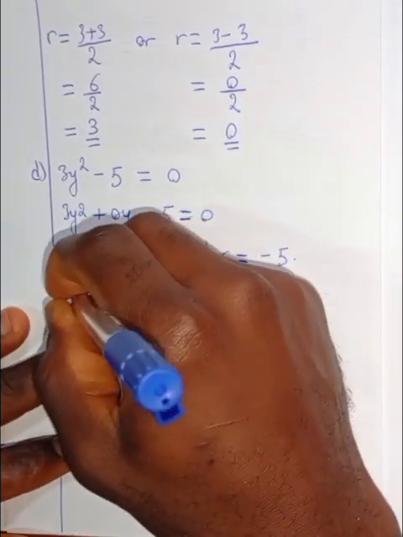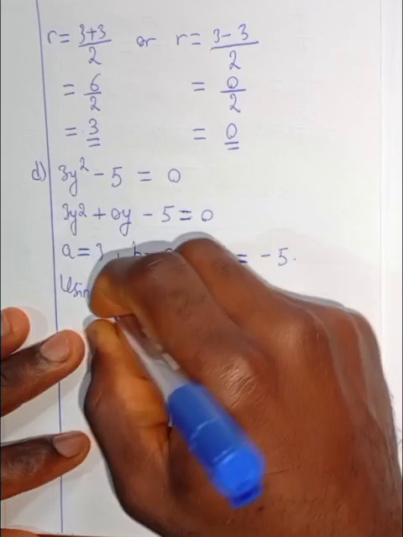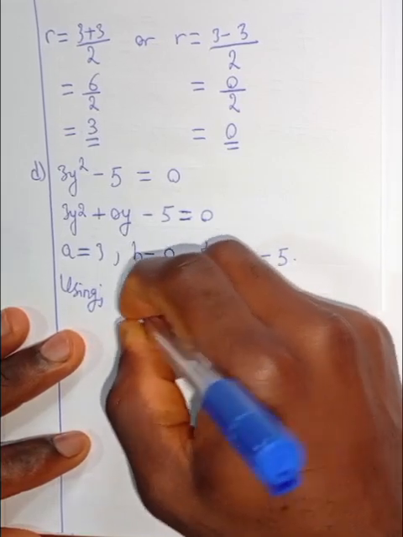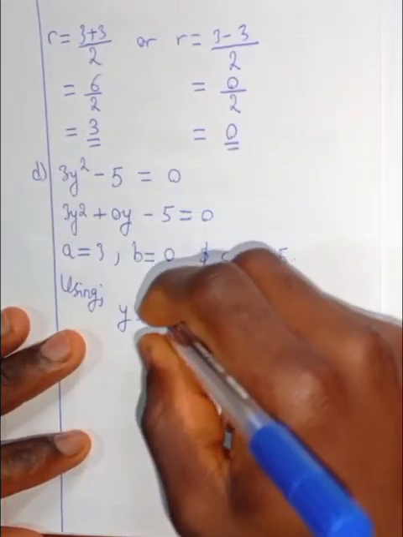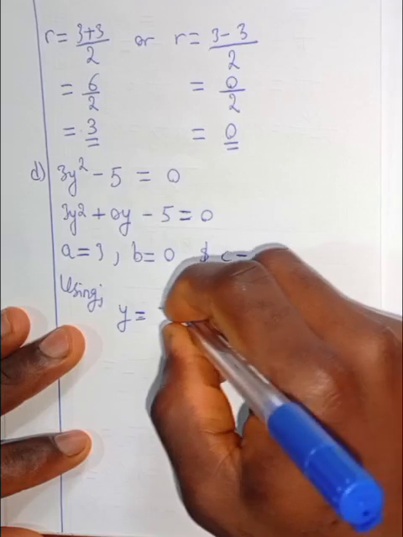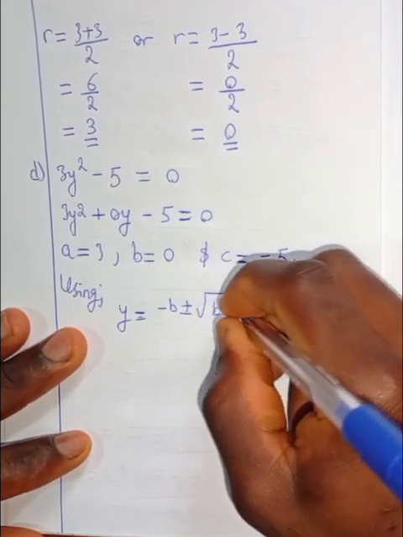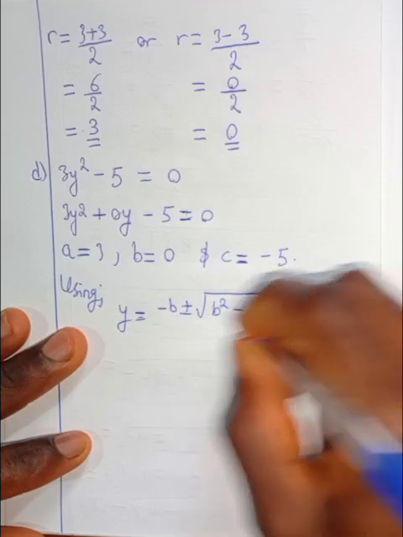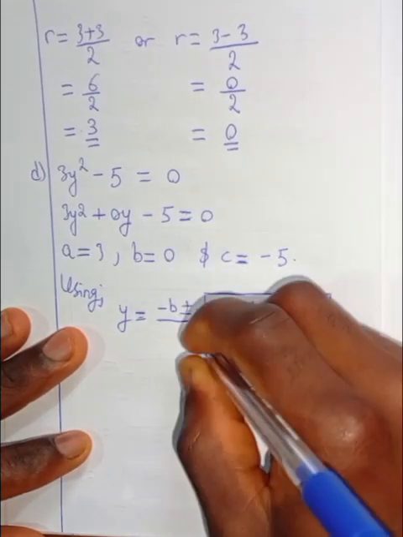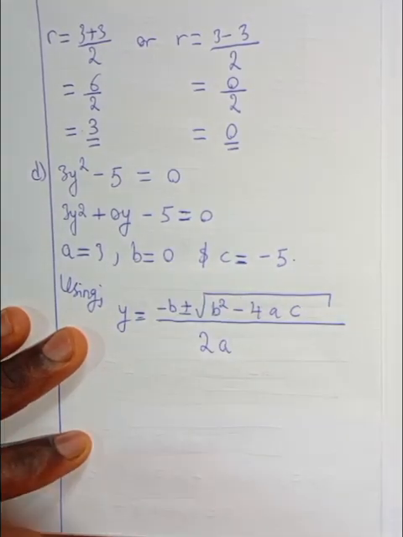Now, by using our quadratic formula, y will be equal to, remember we are looking for y, negative b plus or minus the square root of b squared minus 4ac. Then we divide all this by 2a.